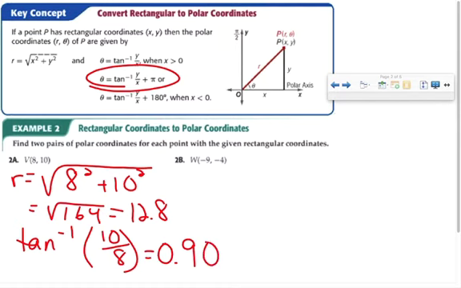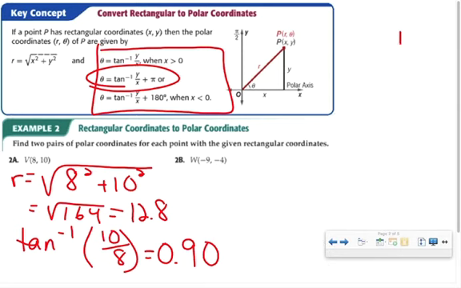Now that's in radians. One thing that you want to be mindful of is where this point will be. So 8, 10 is somewhere over here in quadrant 1. So I want to make sure that my angle makes sense.